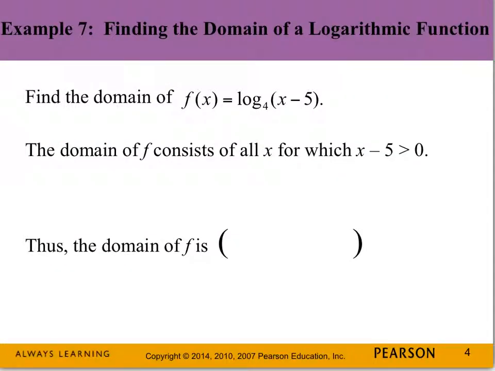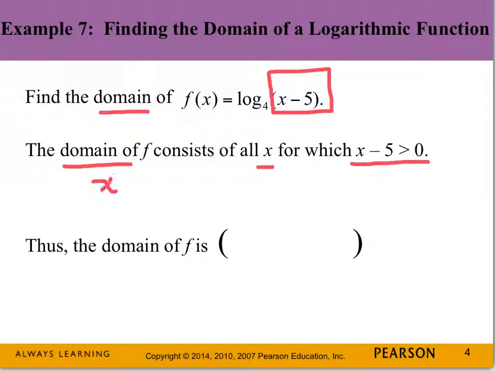So in example 7, we have a log function, and we're asked to find the domain of this function, f of x equals log base 4 of x minus 5. Now, it's really important to note, there's not just an x here. So, whereas before we said the domain had to be all x's greater than 0, in this instance, we have to find what satisfies x minus 5 is greater than 0 to find the domain.